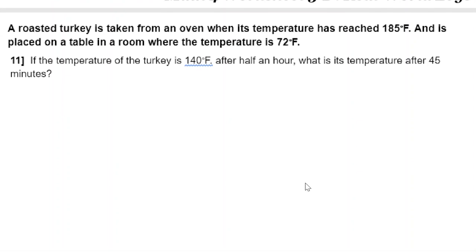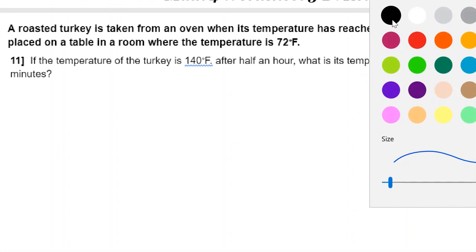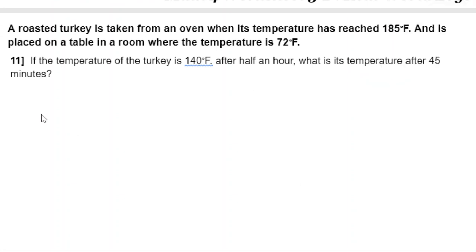Okay. Now we get to play with the turkey in the oven. All right, so our formula is going to start out. If the turkey is at 140 after half an hour, so 140 is what it was. Room temperature is 72.